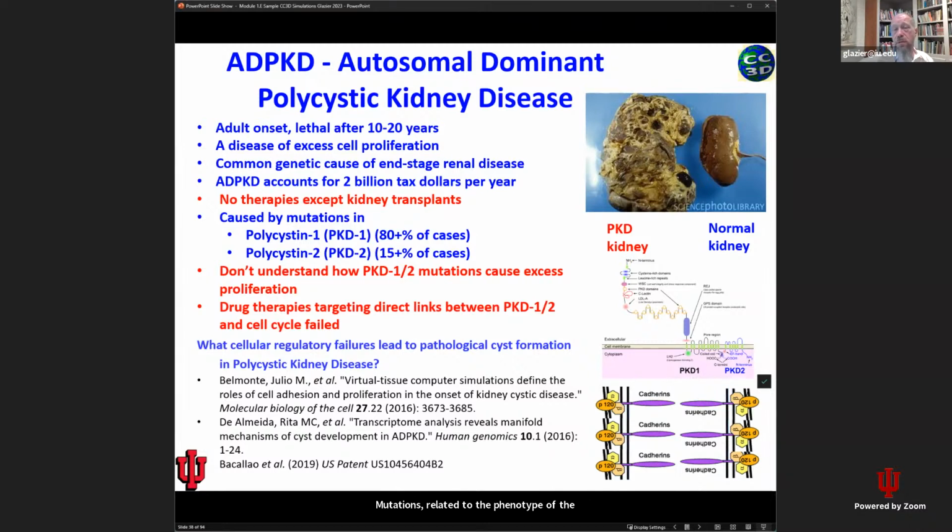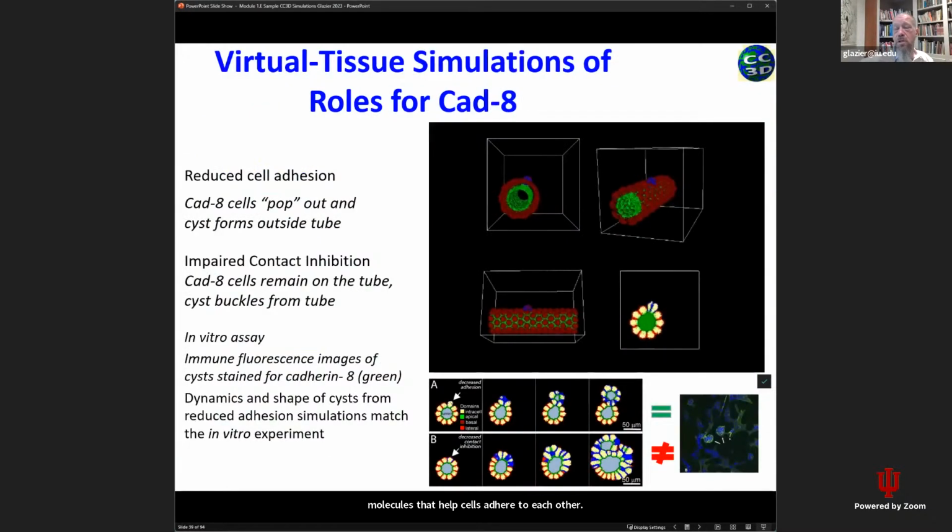Again, Giulio was very much involved with this. In this case, as before, we focused on cadherins, the molecules that help cells adhere to each other. There was an experiment that showed that in cells which were going to be part of a cyst, there was this cadherin, a cell adhesion molecule, present that was present in children, but not in adults normally.